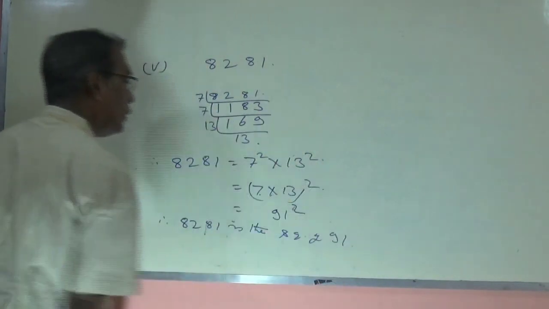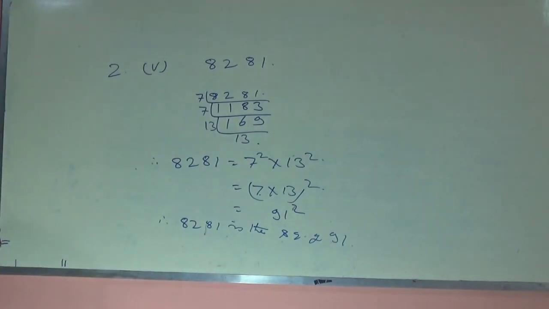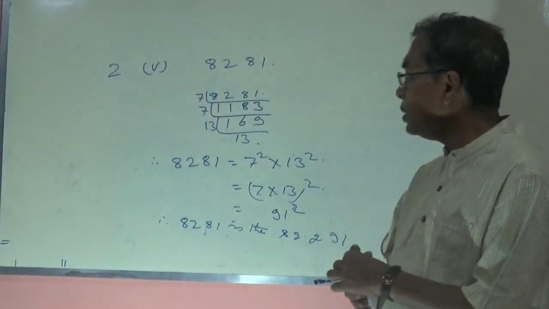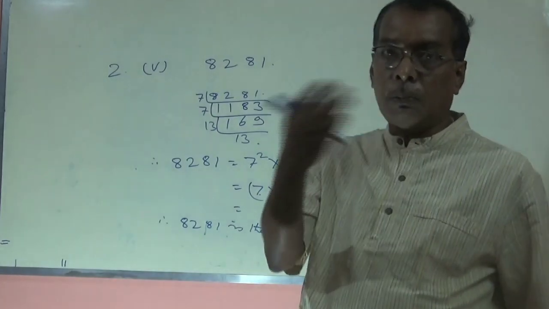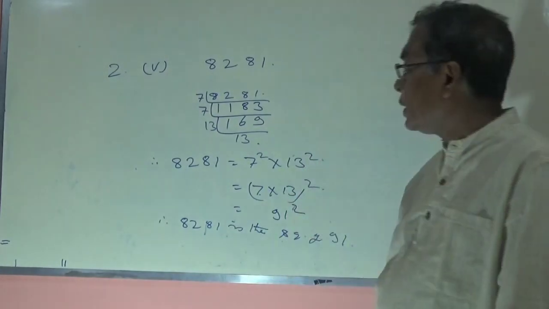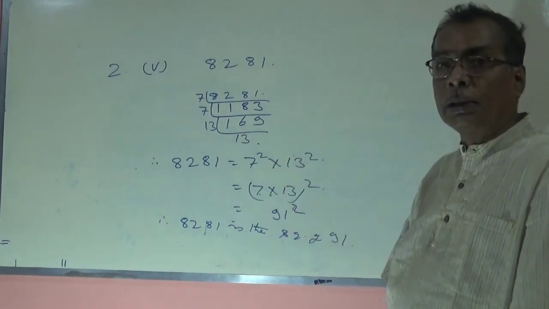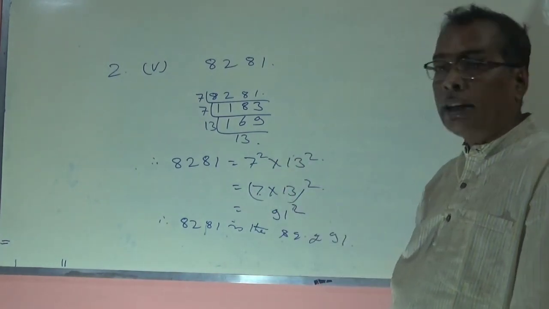You may verify; if some calculation mistake is there, then you may adjust that, because it is not a simple classroom, it is online classes, so you are far from me. So if you find some calculation mistake, I think you have that much maturity that you can adjust it.